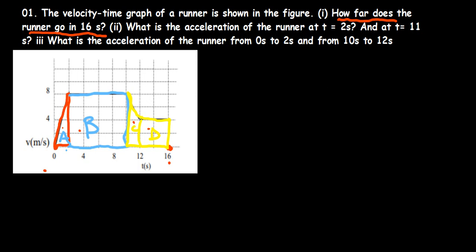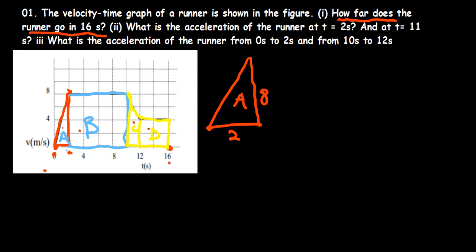So let's identify the shape A. This is our shape A. From the starting point 0 we are going to 2, so the base here is going to be 2. And then the height, starting from here all the way up to here, is going to be 8. We can use the base and the height to find the area.